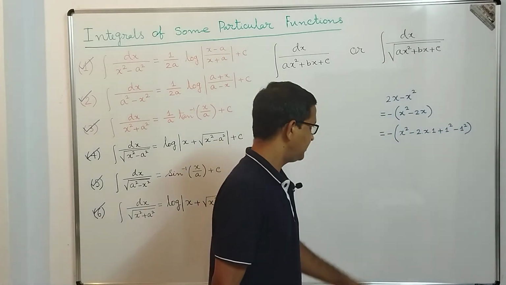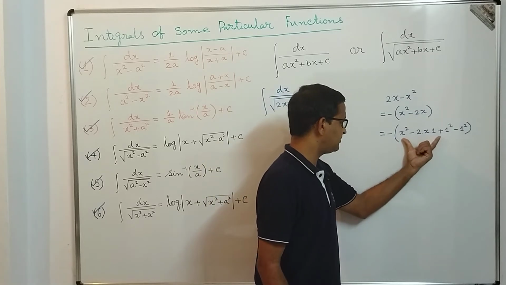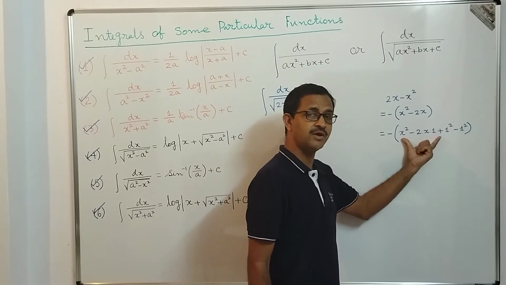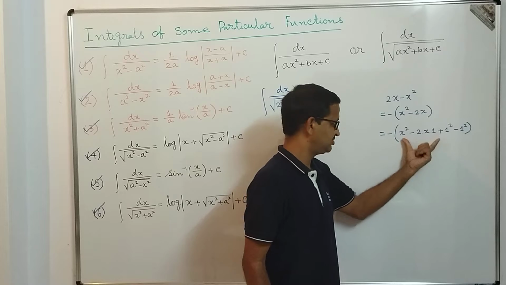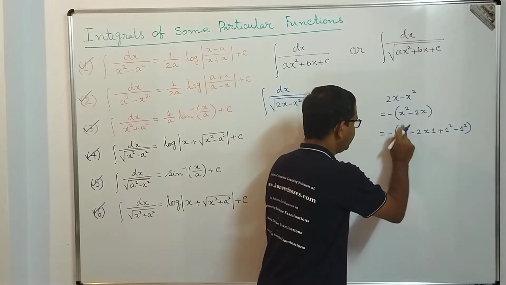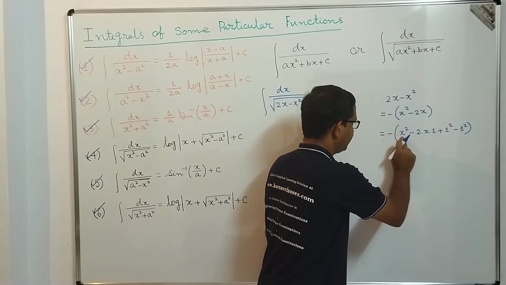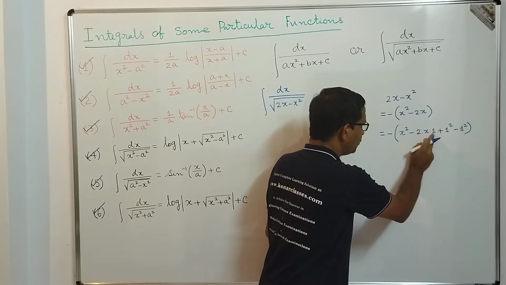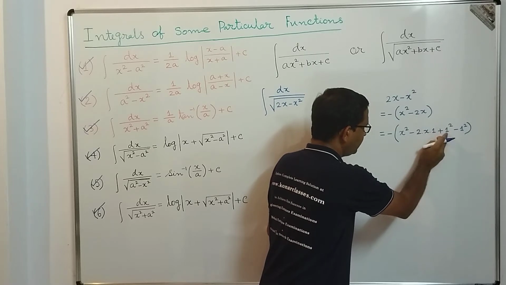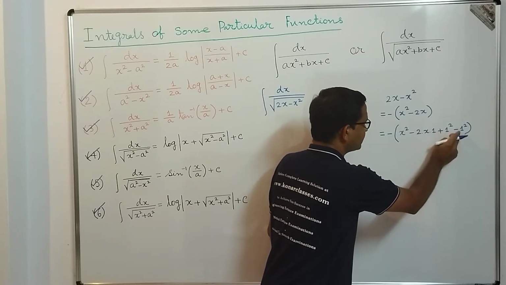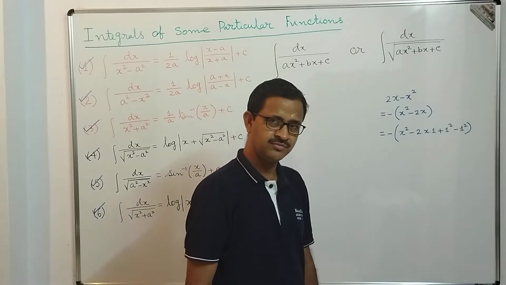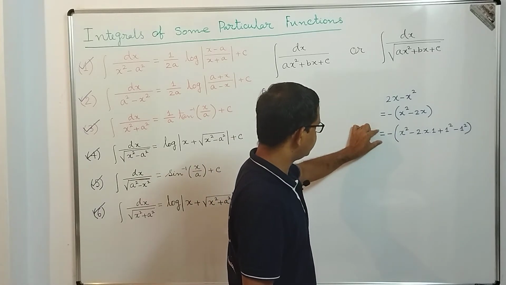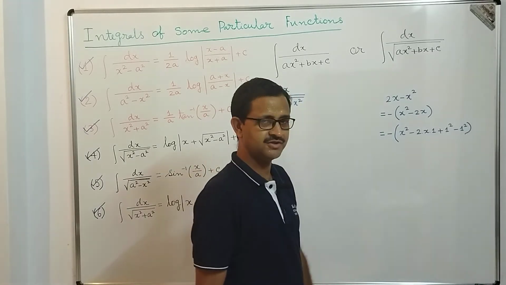Why have I done so? If you look into the first three terms, it becomes x minus 1 whole square. Correct or not? For that, x square is as it is x square, and 2x is there, so 2 into x into 1. We have added 1 square extra, hence we have subtracted that 1 square, so that the value of this expression remains the same as the previous one.